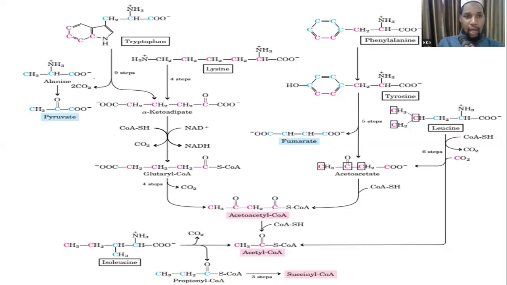Now we have seen how tryptophan, the indole ring of tryptophan, is broken down to form acetoacetyl CoA through about 9 or 10 steps. While in the case of lysine, we have a 9-step reaction leading to formation of acetoacetyl CoA.